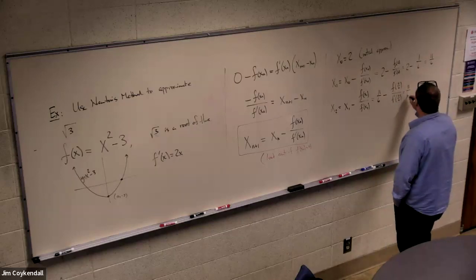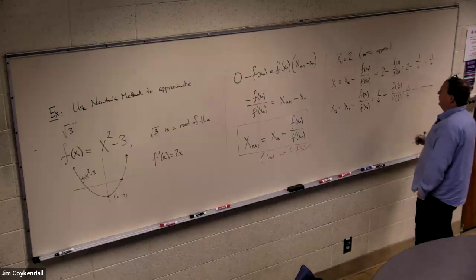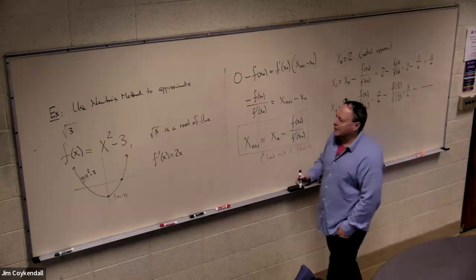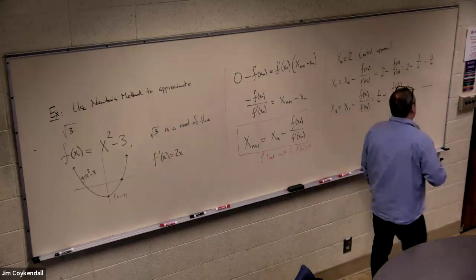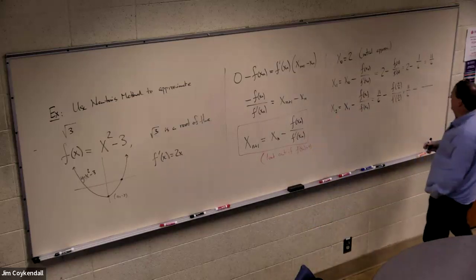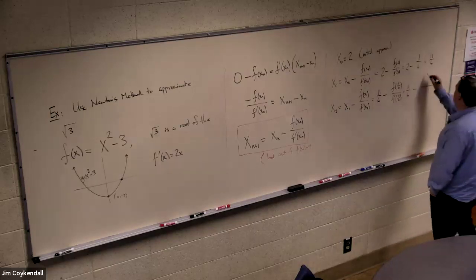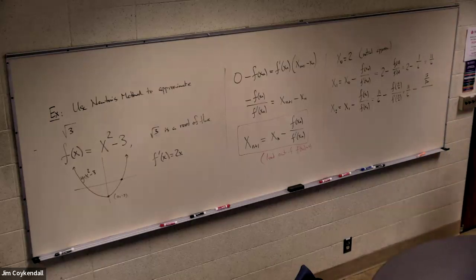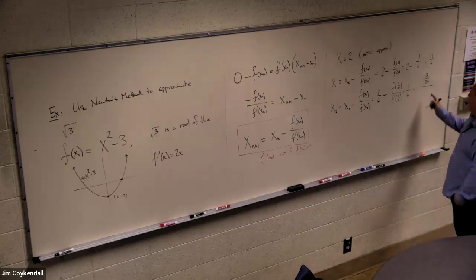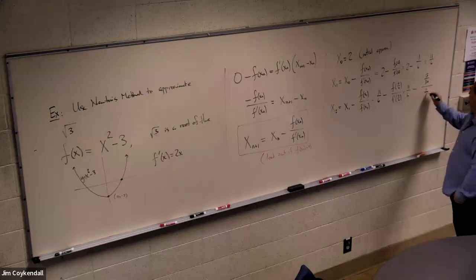So f of 11/6 is going to be the square of that, so it's 121/36 minus 108/36, which is 13/36, all over f prime, which is 11/3.